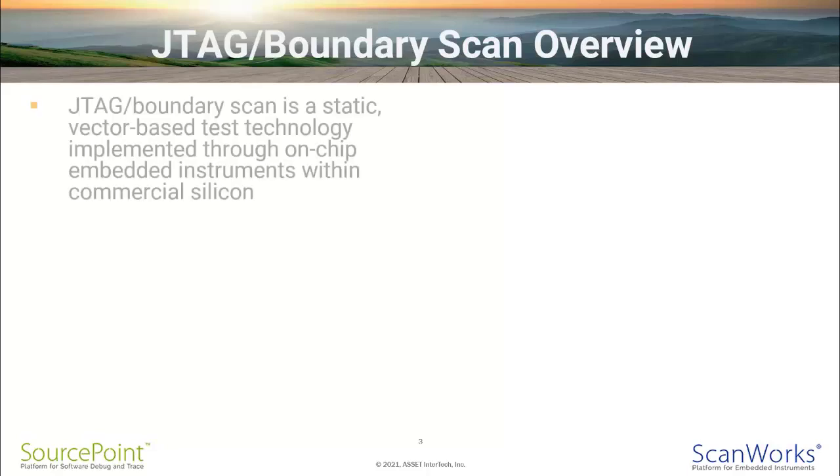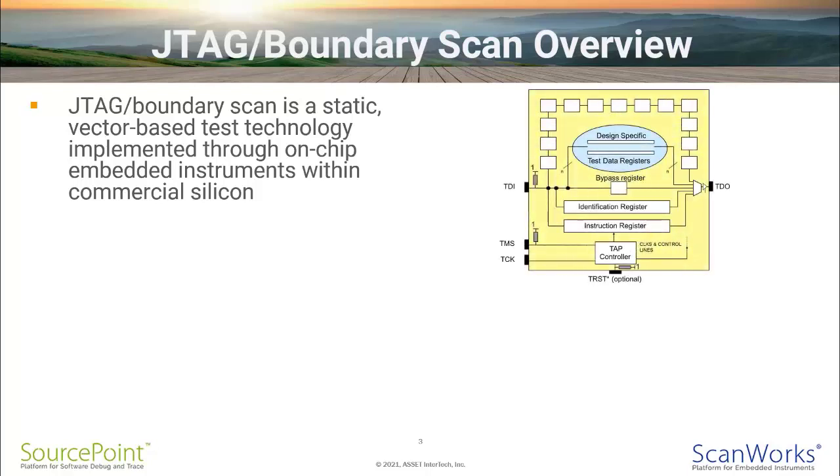JTAG boundary scan overview. JTAG boundary scan is a static, vector-based test technology implemented through on-chip embedded instruments within commercial silicon. The graphic on the right depicts a JTAG boundary scan implementation within the chip. The various registers and the TAP controllers within the chip facilitate the movement of the static test vectors in and out of the chip.